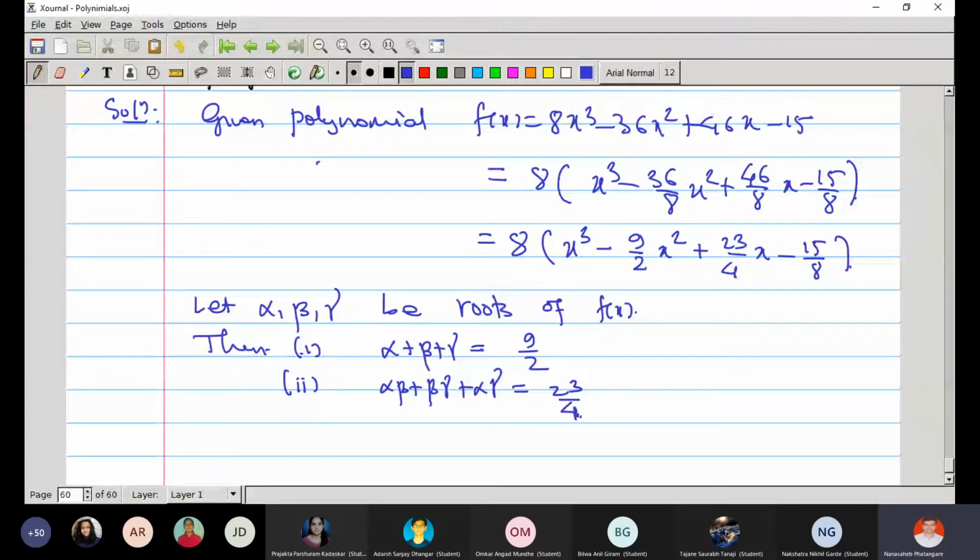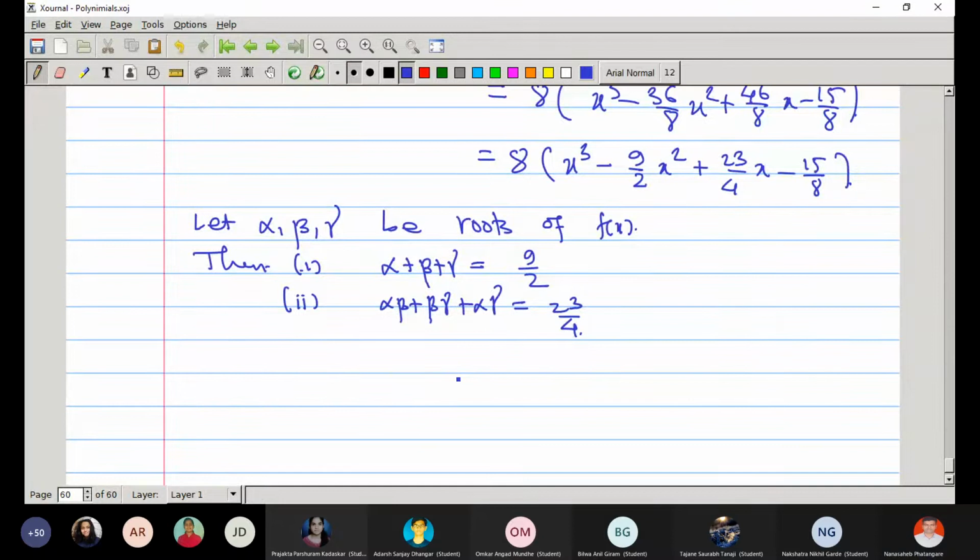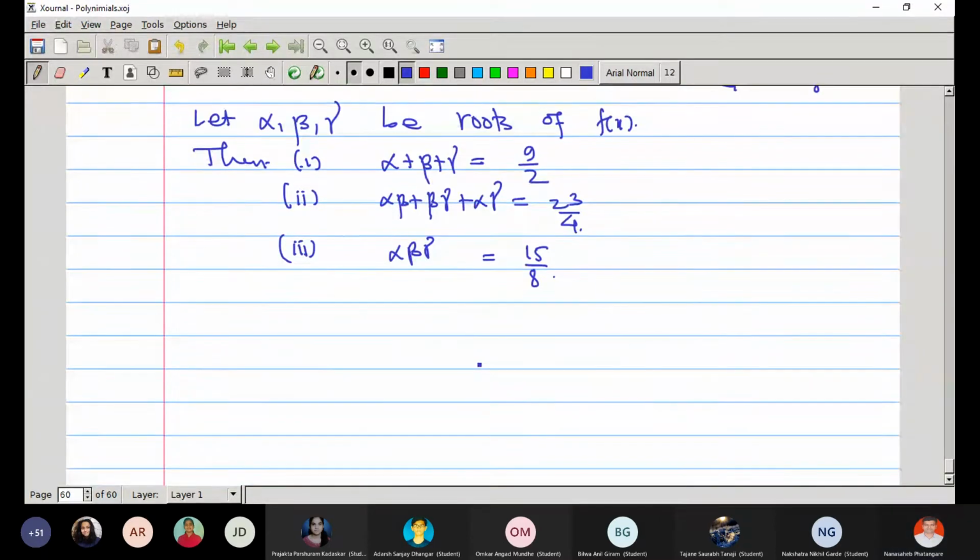Alpha, beta and gamma is minus of constant term, but constant term is minus 15 by 8. Its negative means 15 by 8. This is what we have. These three conditions. And fourth condition, roots are in AP.